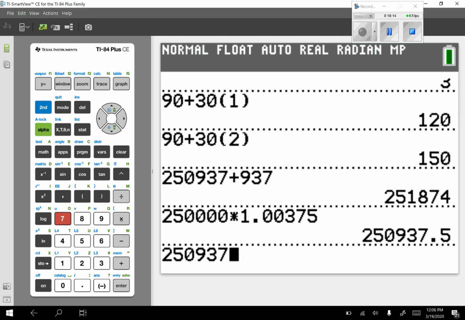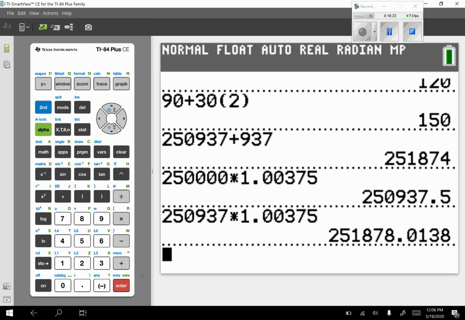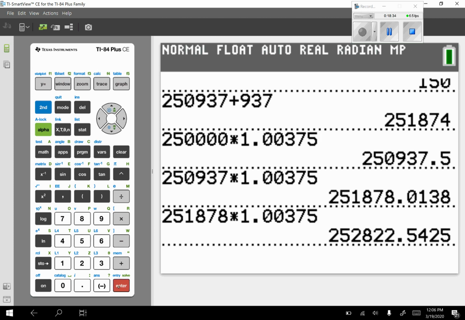If I take that number and multiply it by the same 1.00375, 251,878, it works for the third term. If I take that number and multiply it again, I get 252,822, so it works for all the terms.